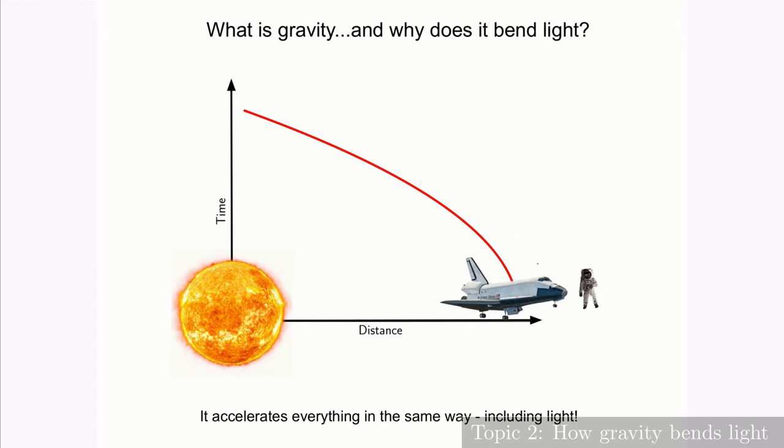So what I've done is I've drawn time, and this is distance here. I've imagined that two objects have been placed some distance outside the sun. The two objects I've chosen here are the space shuttle and the man. And imagine you drop them into the sun. Horrible thing to do, but let's say we do it. So we wait.